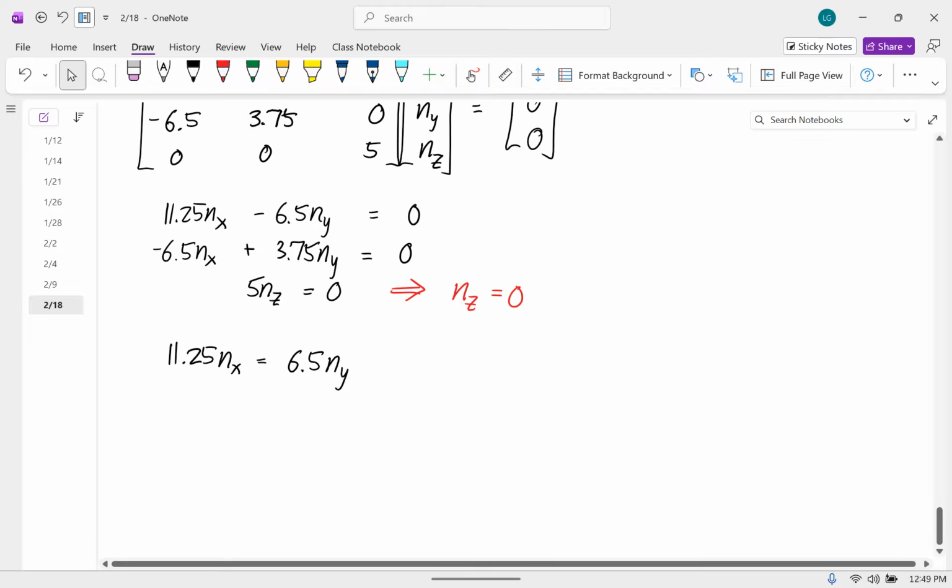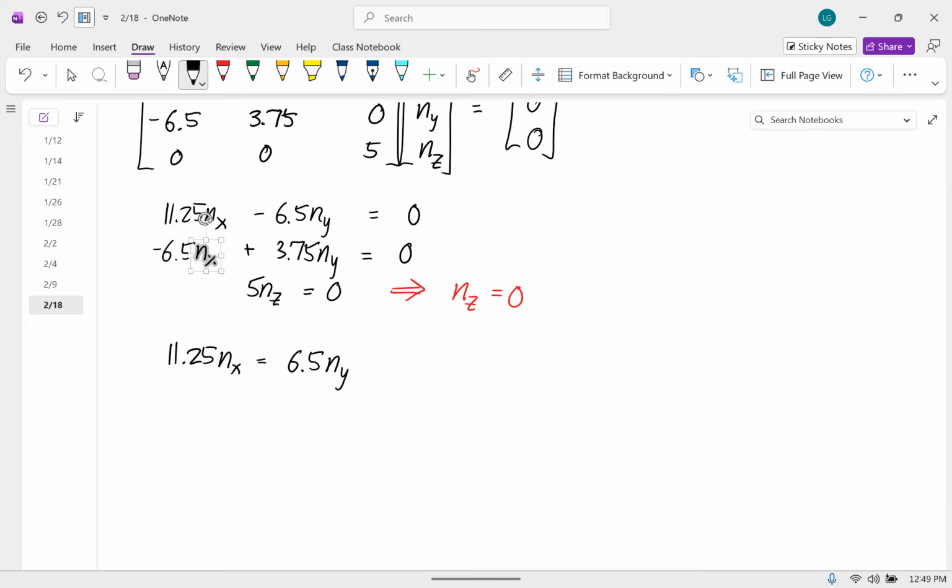If I plug in the second one, you can see it gives the same thing. So 6.5 nx is equal to 3.75 ny.